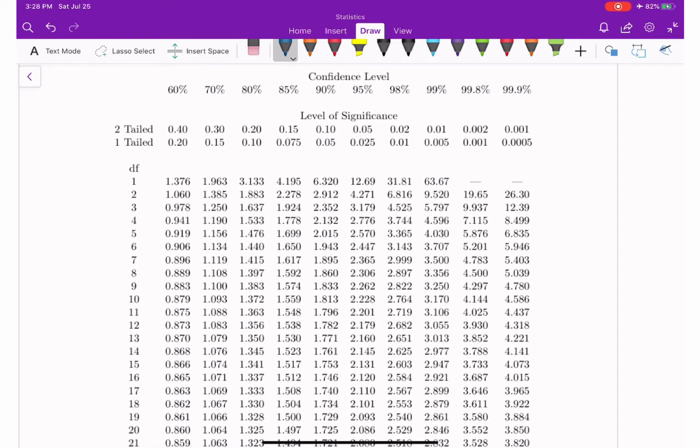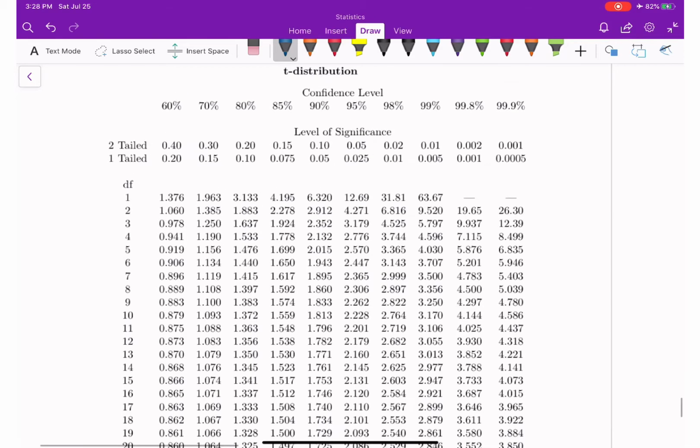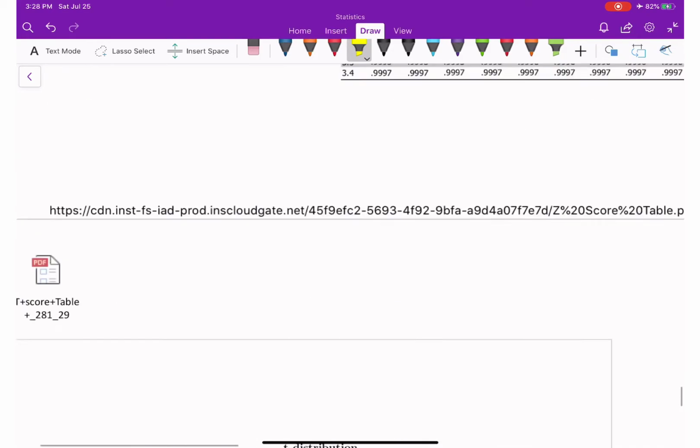All right, confidence level, here it is, 0.80. And sample size is 10, which means I'm taking 9. And I'm getting 1.383. 1.383, okay?